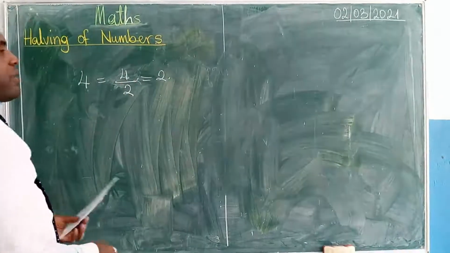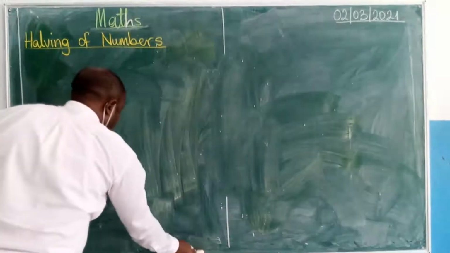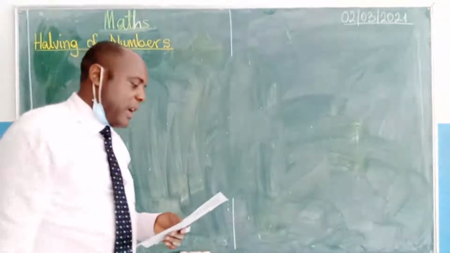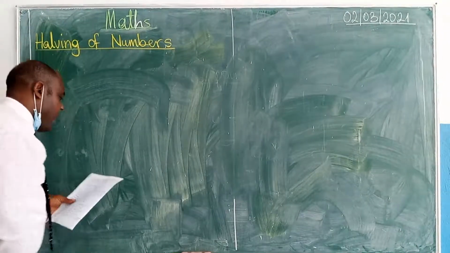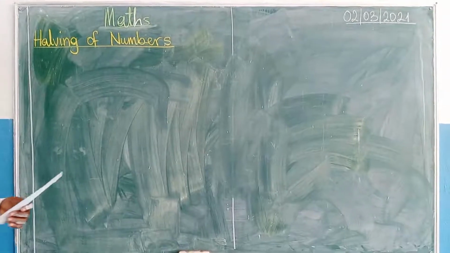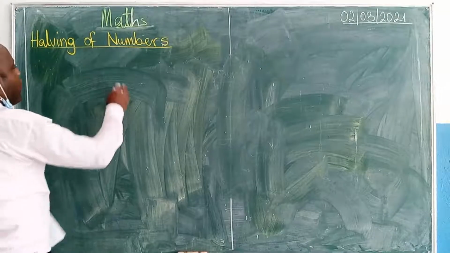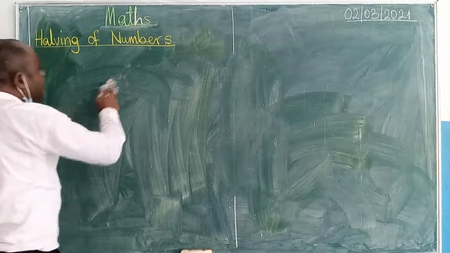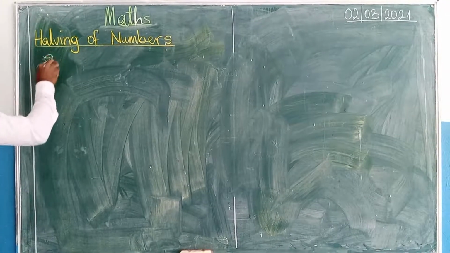But since we have not treated division, I'm going to show you another method which will be easier to find the half of a number. When we are finding the half of a number, take for example, if we want to look at the half of 96.